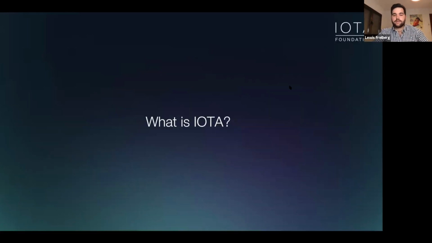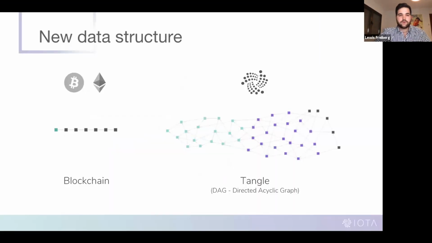So what is IOTA and how does it relate to a distributed ledger? IOTA itself is a distributed ledger, but it has a different structure to the more common networks that run on things like blockchain. In most common distributed ledgers, they use a blockchain, which is just that.